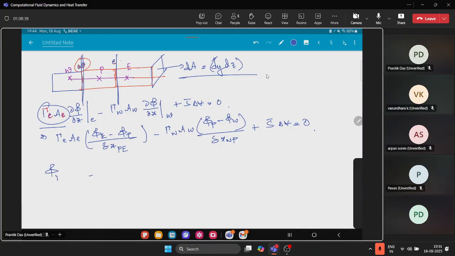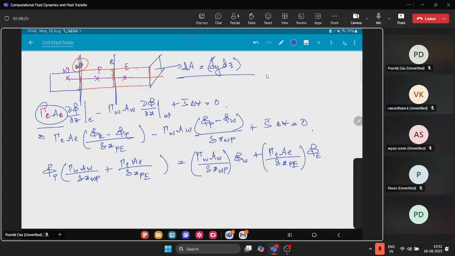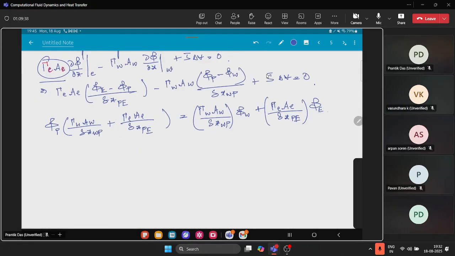So phi_P times (gamma_w A_w over delta x_WP plus gamma_e A_e over delta x_PE) equals gamma_w A_w over delta x_WP phi_W plus gamma_e A_e over delta x_PE phi_E. Then there is a source term, which will come on the right hand side of the equation, equal to S bar delta V.